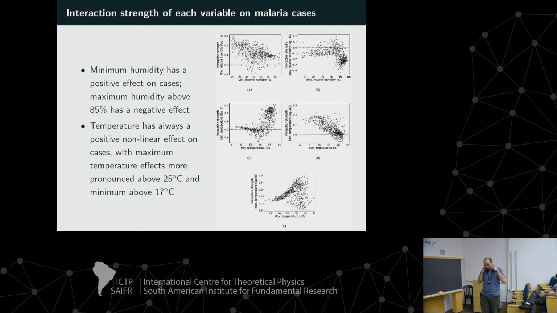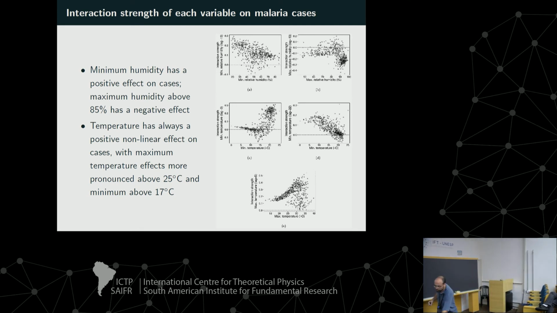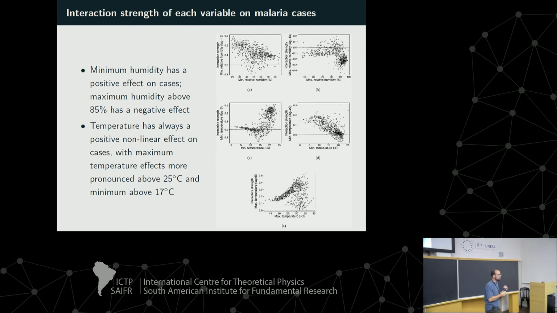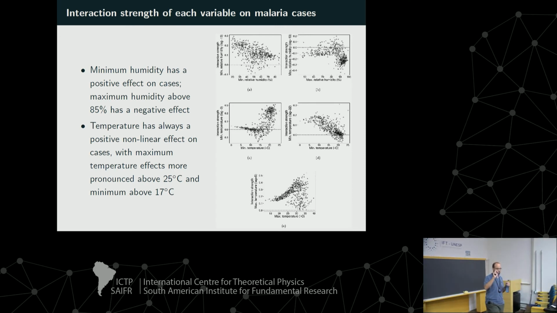Remember that when we do the mapping, we take those points and the prediction comes from taking an average of points in the phase space, okay?